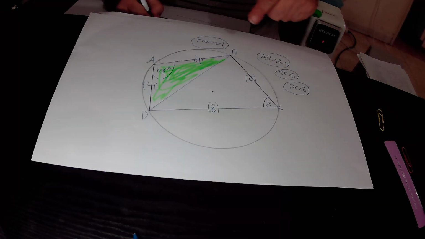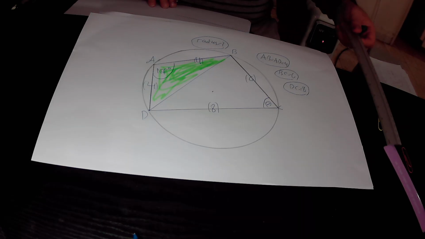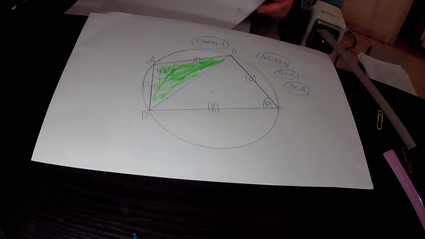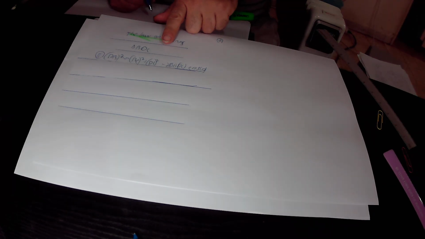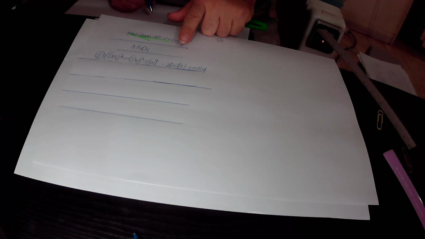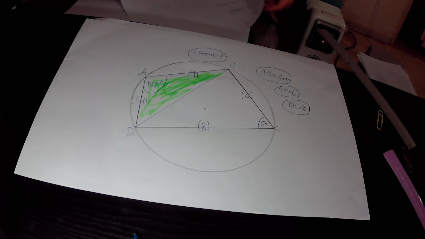According to the law of cosines, BD squared equals BC squared plus DC squared minus 2 times BC times DC times cosine theta. BD is the missing side, so we leave it as it is.